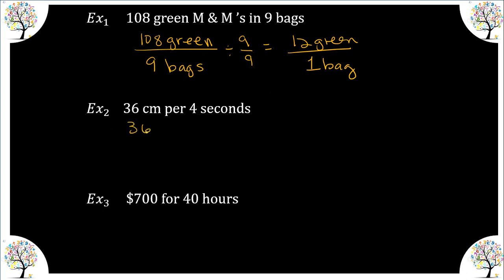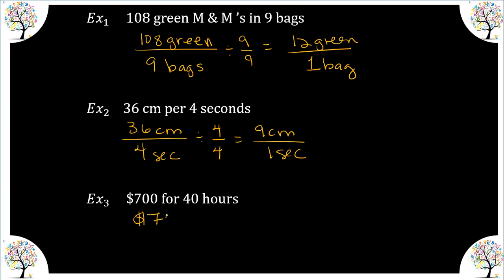We have 36 centimeters per 4 seconds. To identify the unit rate, we're going to divide by 4, and we get 9 centimeters per 1 second. We have earned $700 in 40 hours.